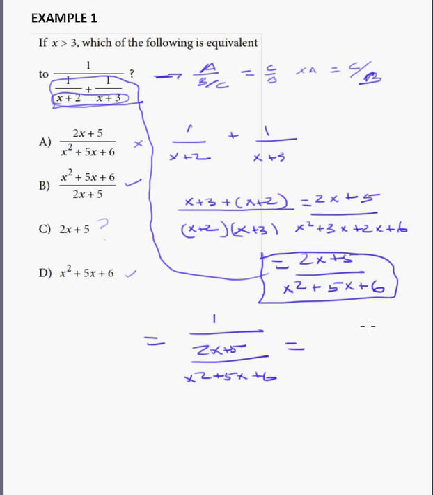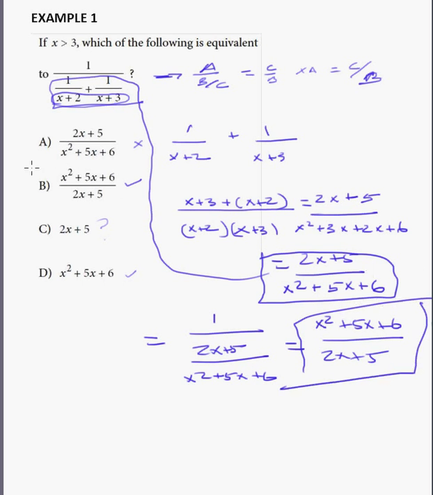Since we are dividing, we flip the denominator, so that becomes x squared plus 5x plus 6 divided by 2x plus 5. That is your answer. If you know what you're doing, you know your answer will be this, and that turns out to be answer choice B. So B is your answer in this case.